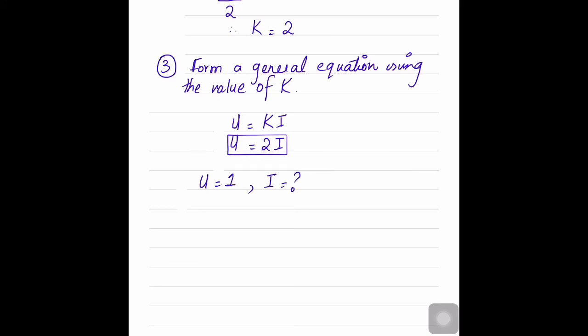Let's solve it for this. u equals 2I and u is 1, so what is I? 2 and I are being multiplied, so we'll take 2 to the left side. 1 divided by 2 is equal to I, hence the value of I is 1 over 2.